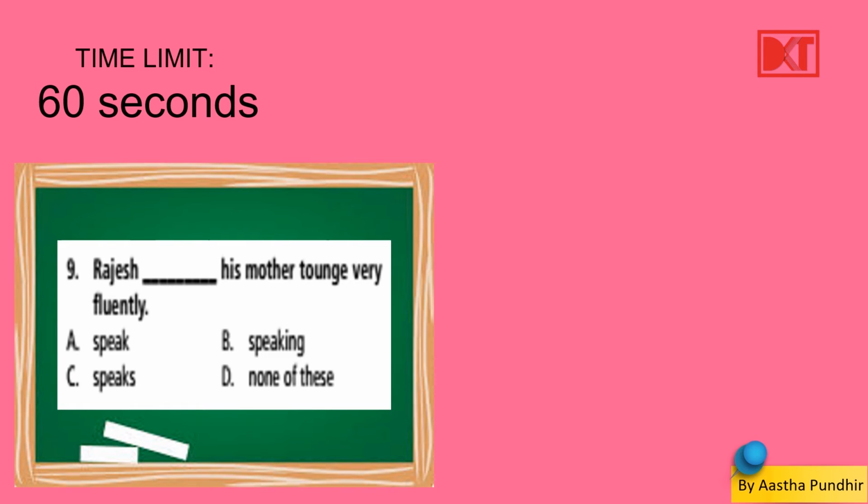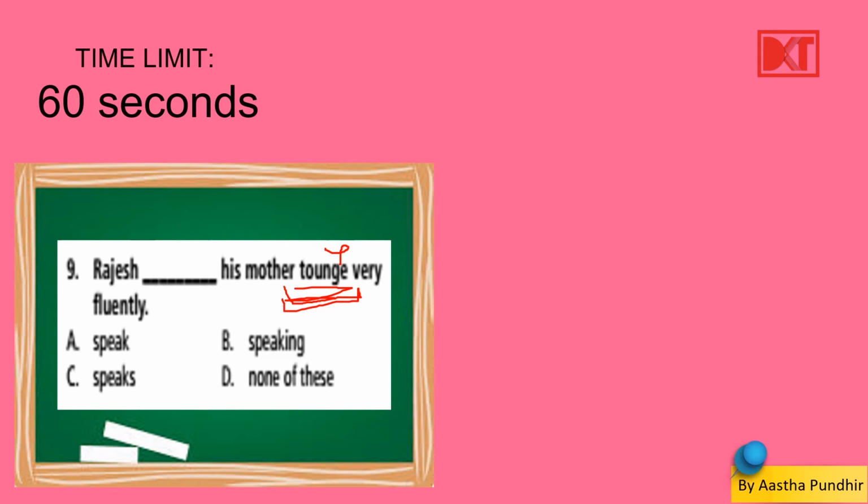Okay, here Rajesh dash his mother tongue very fluently. Alright, now here there must have been some error because sometimes this spelling of tongue is very rarely used, and usually it is said to be a misspelling of tongue.